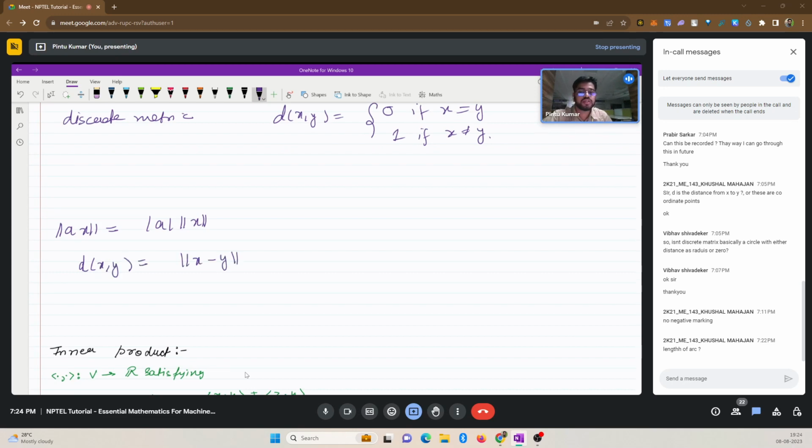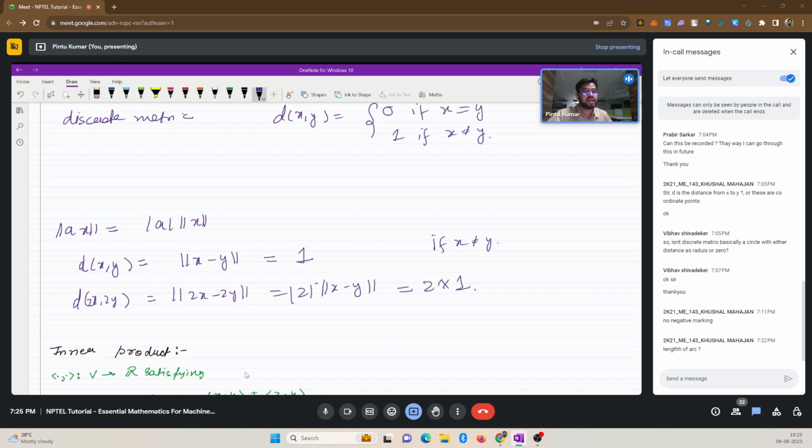What is the value of the distance between x and y? This is norm of x minus y. And the distance would always be 1 if x is not equal to y. Now what would be the distance between 2x and 2y? The distance would be norm of 2x minus 2y. Now we can take 2 common, so this is 2 times norm of x minus y, so this is 2 times 1.